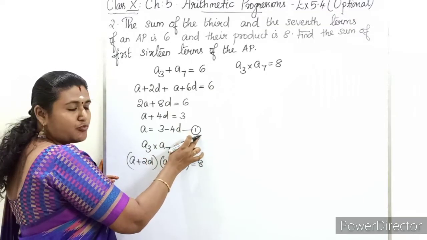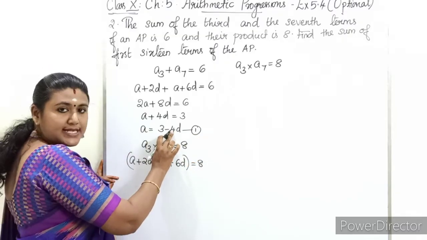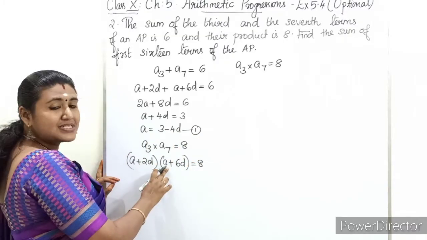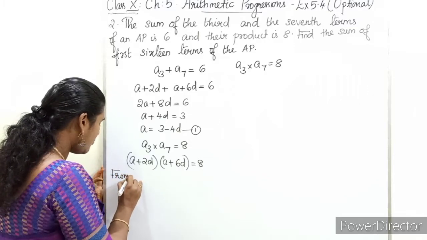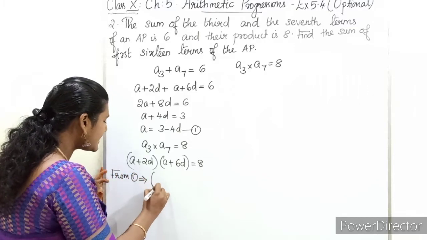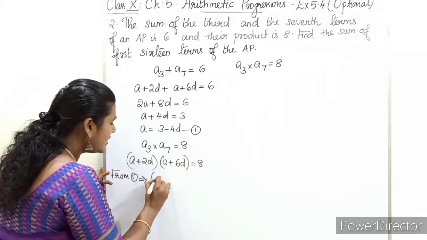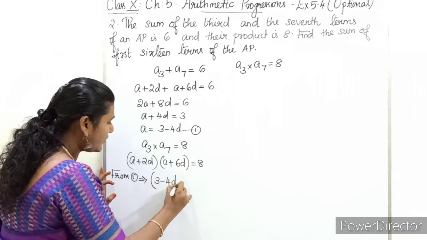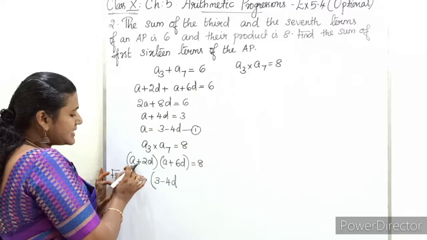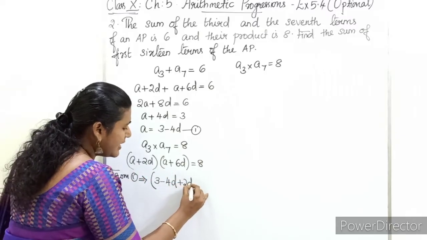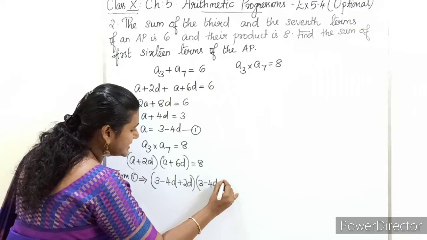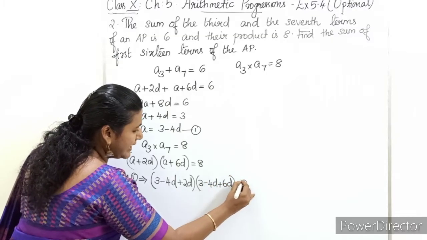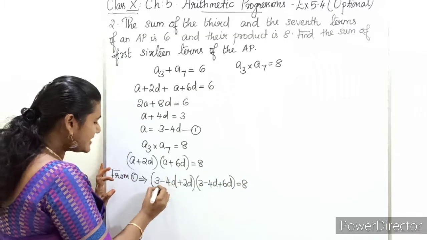From equation 1, the value of A is 3 minus 4D. This value we will substitute here. So from equation 1, we can substitute in the place of A, 3 minus 4D. So in the first bracket 3 minus 4D plus 2D, into here also 3 minus 4D plus 6D, is equal to 8. Okay, so now we will simplify this.